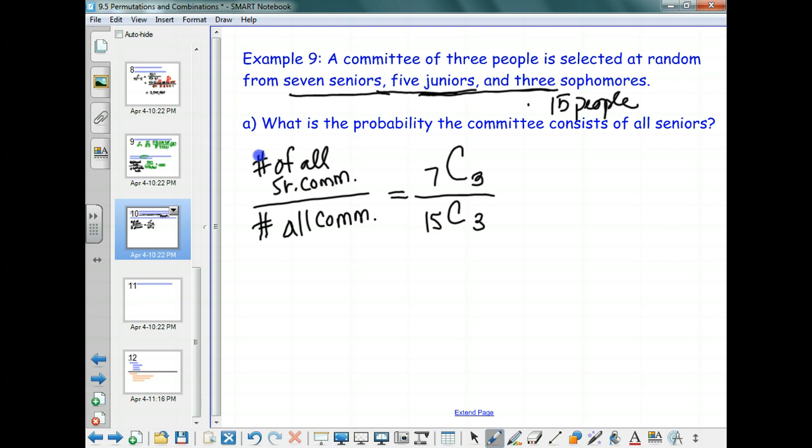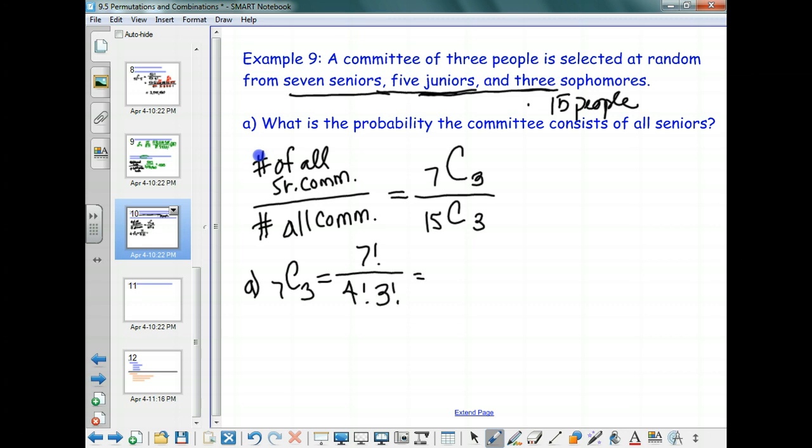All right, so my suggestion is let's do this as a side piece of work. We'll find each of those numbers and then divide them, like we did on part A and B before. So we're going to create our own A and B, and this is going to be part C. Part A is me finding 7C3. So what's that going to be? 7 factorial over 4 factorial, 3 factorial.